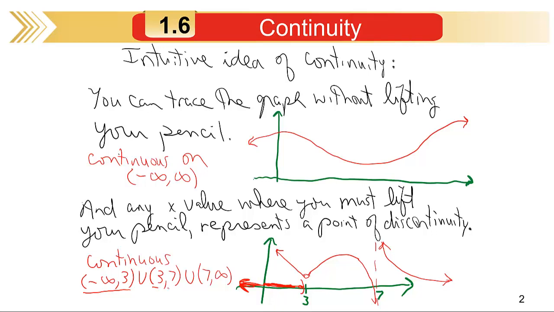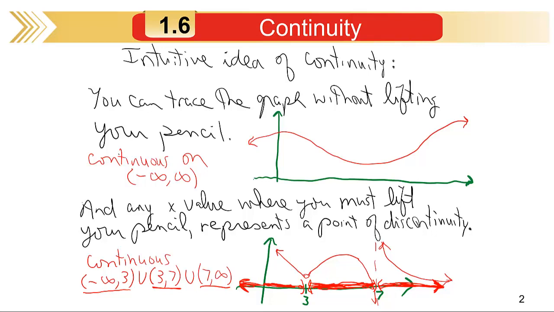And then you have a continuous piece between 3 and 7. And finally, once you get past 7, from 7 to infinity, you have a continuous piece. So those 2 points of discontinuity break the graph into 3 pieces, each of which is continuous.